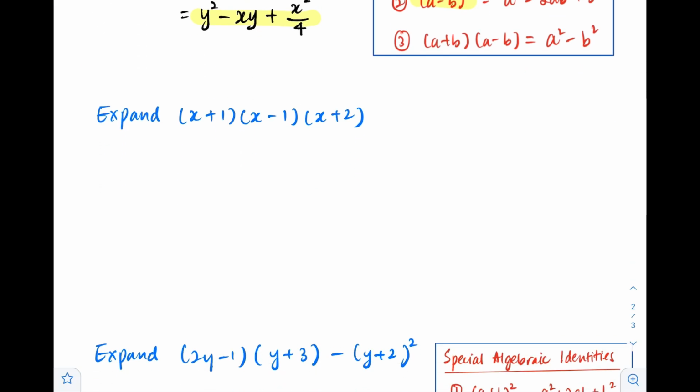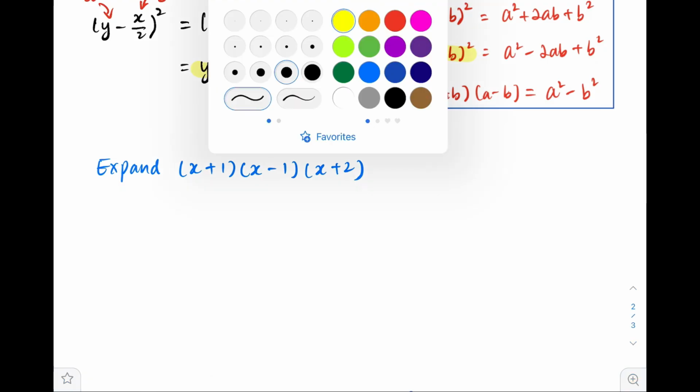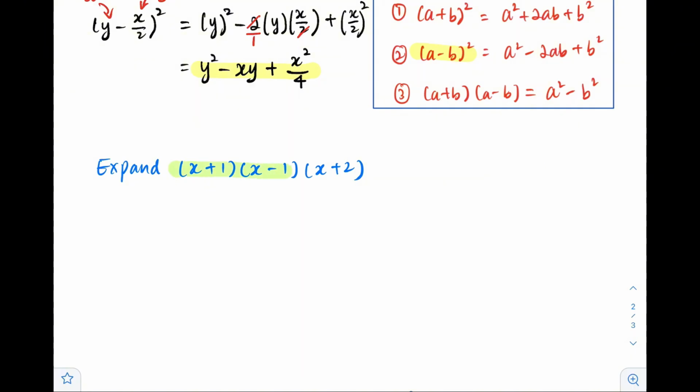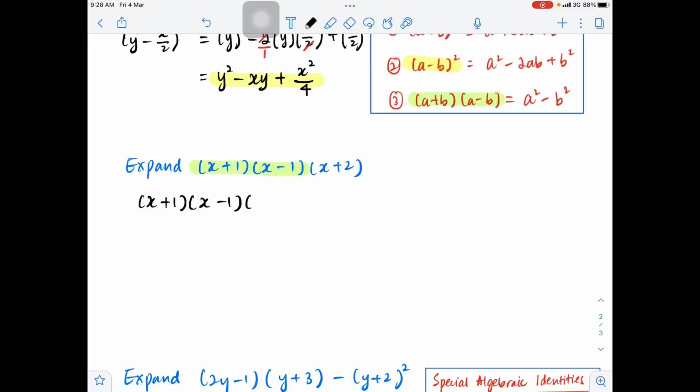Let's look at the next example. At one look, this certainly does not look like any of our special algebraic identities, but if you take a closer look, you will see that here (x plus 1) times (x minus 1) really looks similar in structure to (a plus b) times (a minus b). So therefore, we can use the third special algebraic identity to help us simplify the first part, because we can see here that our a is simply x and our b is simply 1.